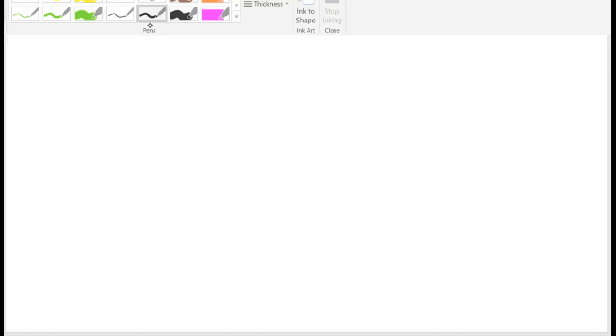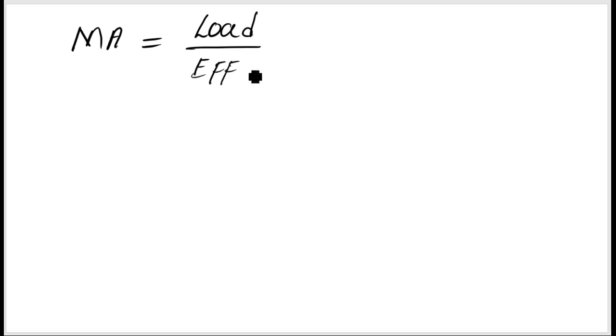Now, mechanical advantage is given by the formula load over effort. Okay, so load over effort.